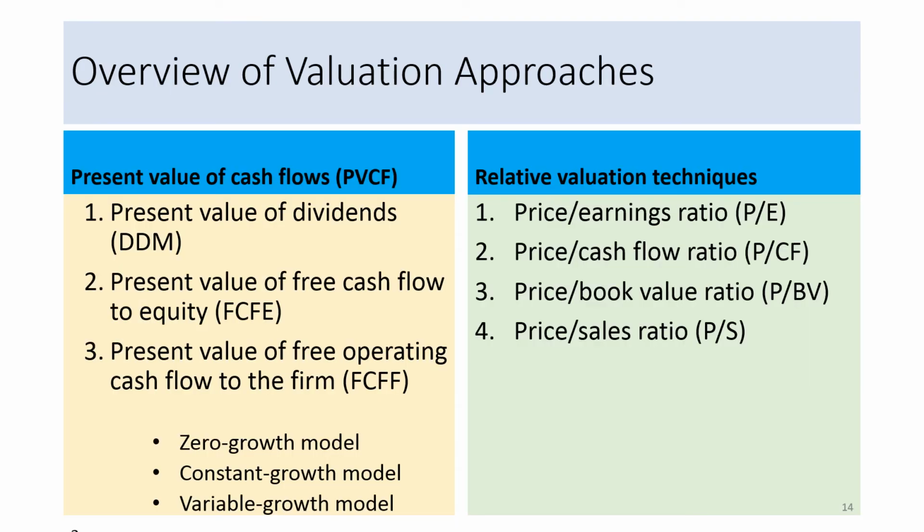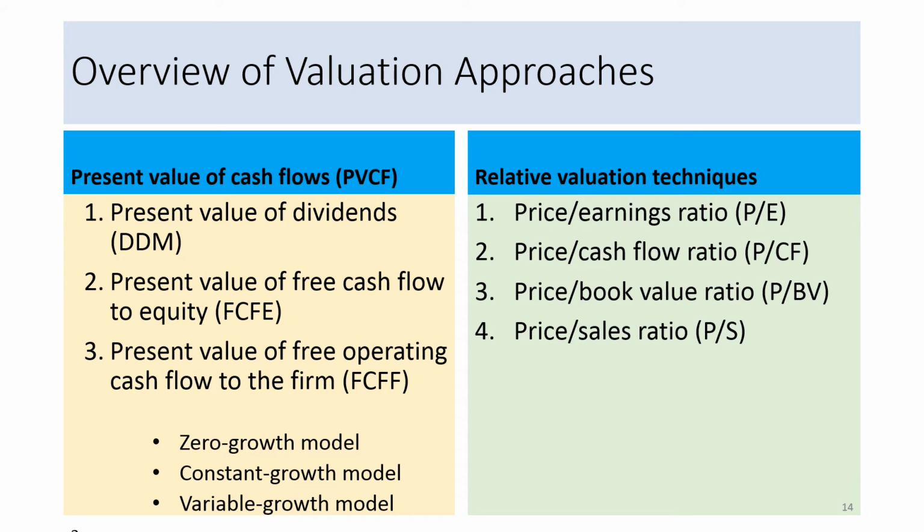How can we calculate the intrinsic value of a common stock? This slide gives an overview of the commonly used methodology. There are two general approaches to valuation. First, the present value of cash flows, and second, the relative valuation techniques. The present value of cash flow is a discounting methodology.